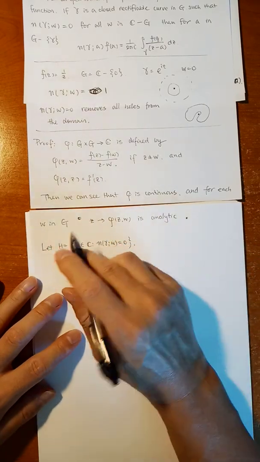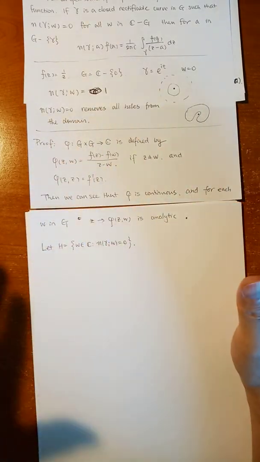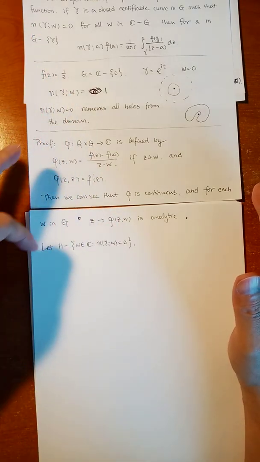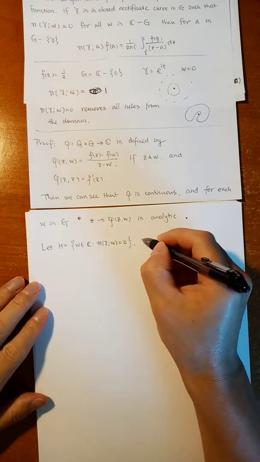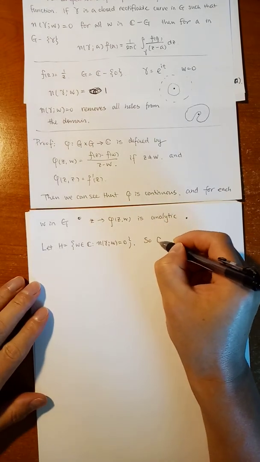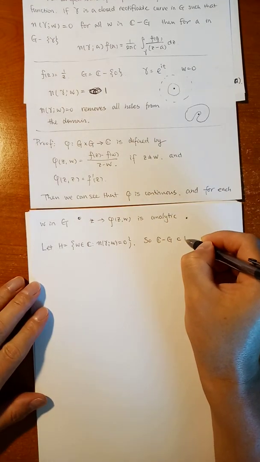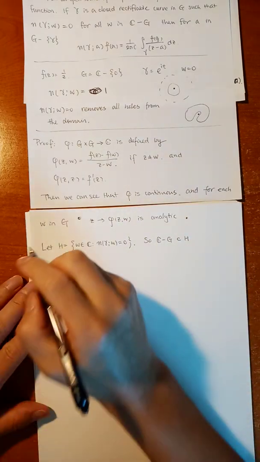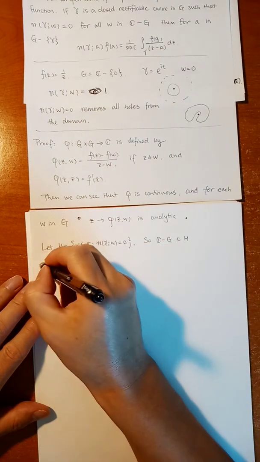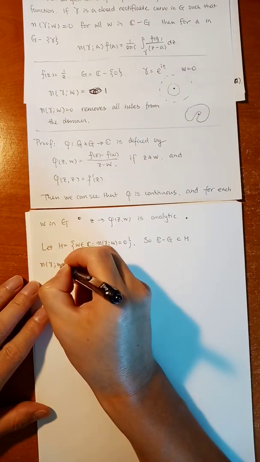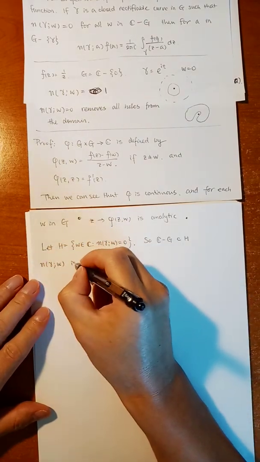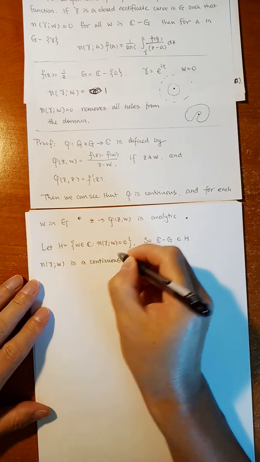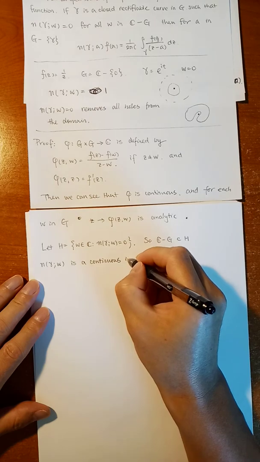Okay, so H is not the complement of G, but the complement of G is contained in H. And this winding number is a continuous function, integer valued.